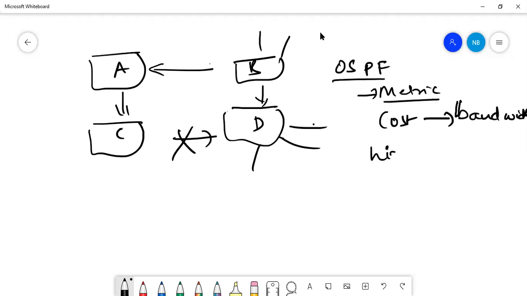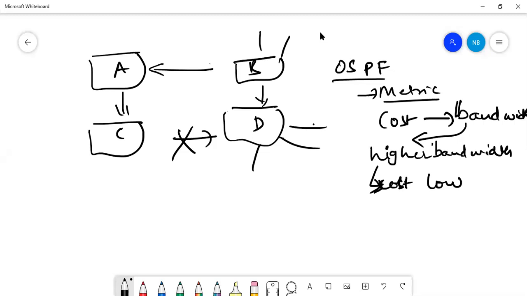If the bandwidth is higher, then the cost is low. If bandwidth is more, the messages or the information travel easily. So based on the bandwidth, the metric will be low. That is what cost low means if the higher bandwidth is there.